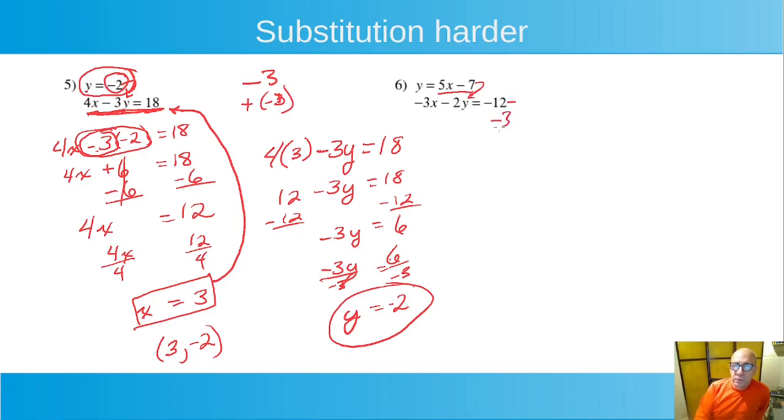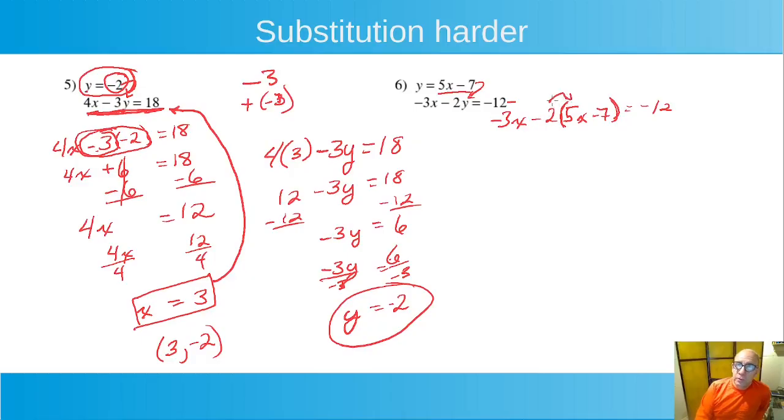So negative 3x minus 2 times 5x minus 7 equals negative 12. It's very important to put it in parentheses because the whole thing, 5x minus 7, is the y. And so the whole thing needs to be multiplied by this 2.